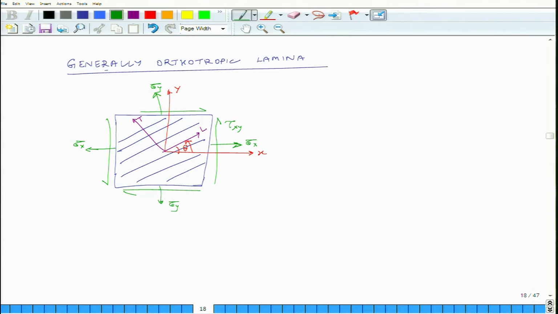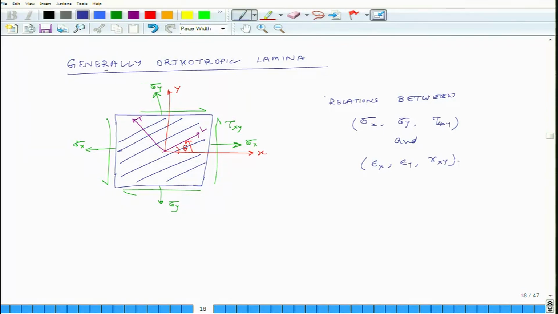So, for this kind of situation, what we will do is we will develop relations between stresses, sigma x, sigma y, tau xy, and strains epsilon x, epsilon y, gamma xy.